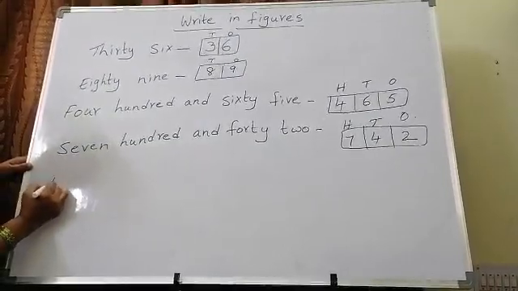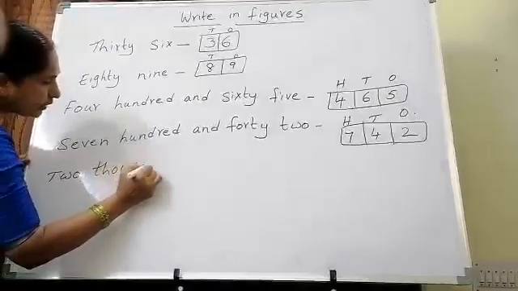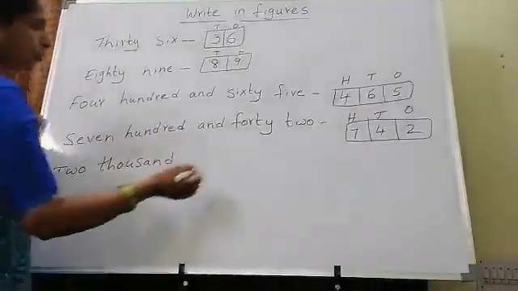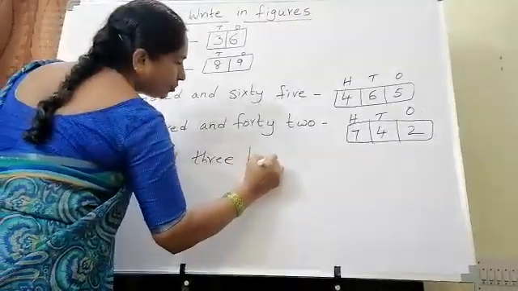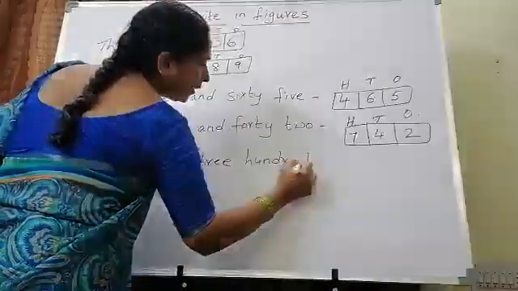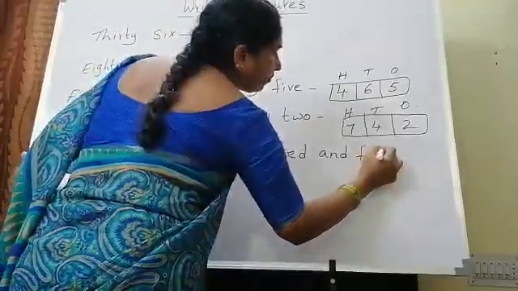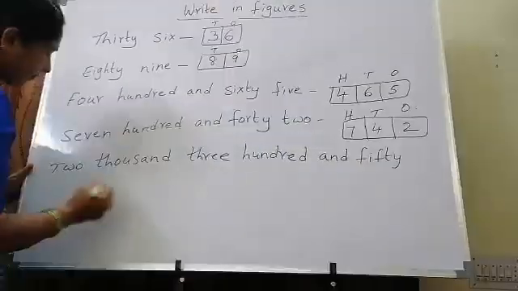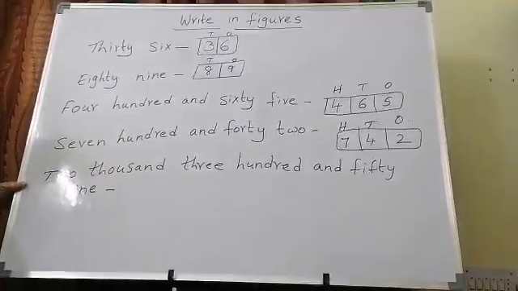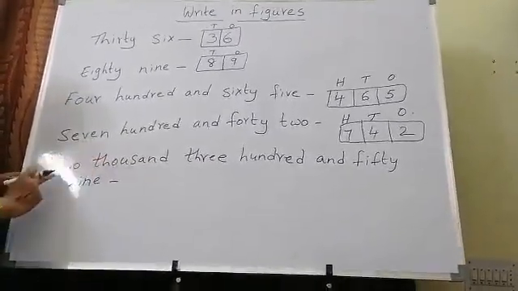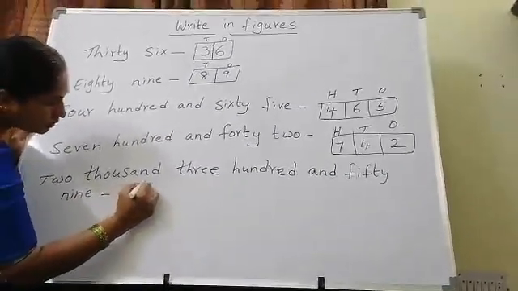See here. TWO THOUSAND, 1000, 2000, THREE HUNDRED, 100, 300 and FIFTY, 50, NINE, 9, 59. Here you are writing thousands, so 2000. So you have to write the place values using thousands.